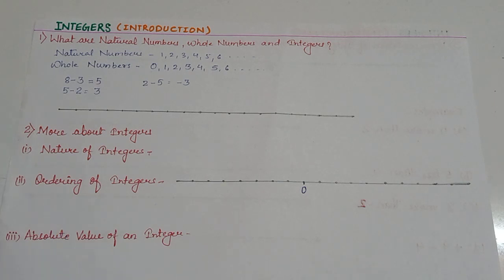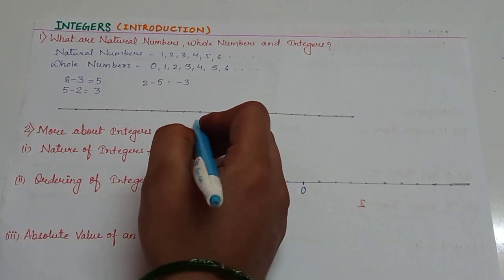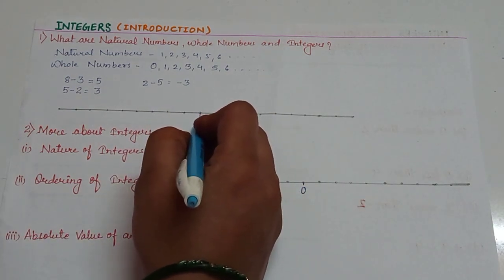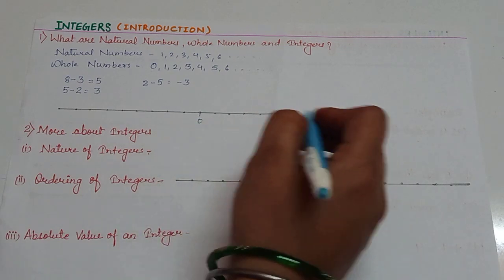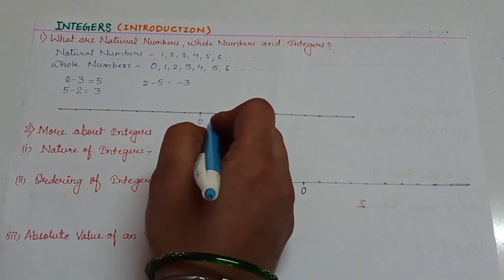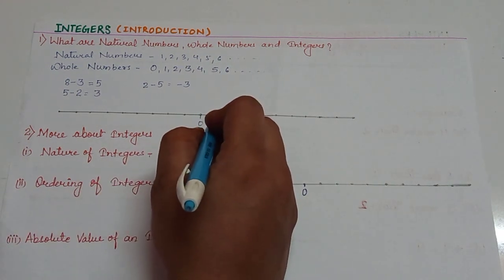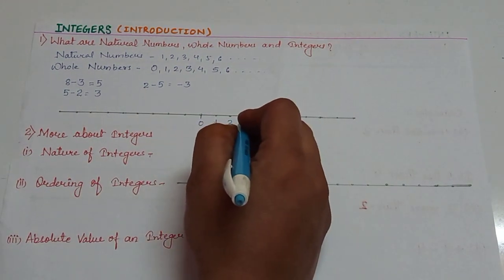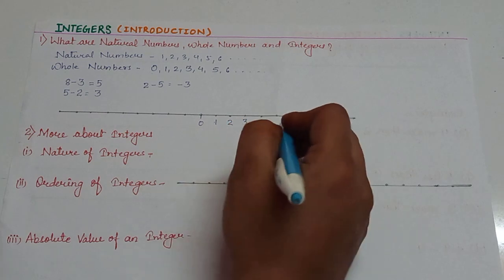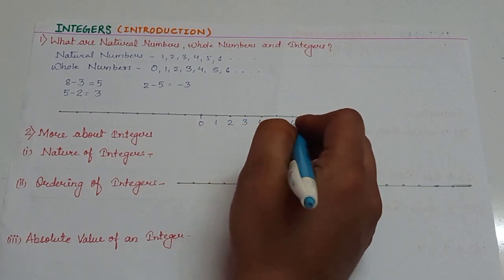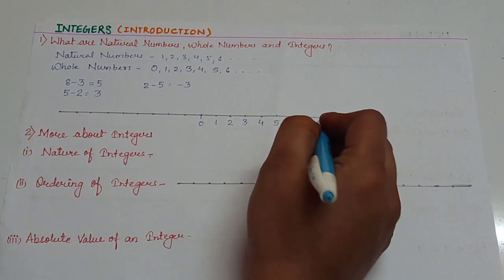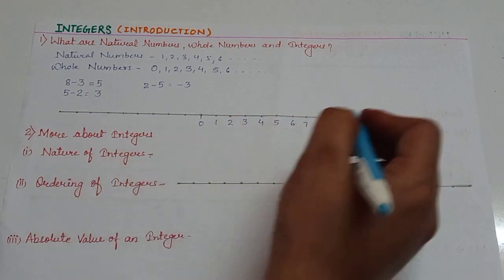Now the question is, where do these negative numbers lie? They lie on the left of 0 on the number line. Till now in the number line we have studied 0 and all the positive integers like 1, 2, 3, 4, 5, 6, 7, 8, 9 and so on.